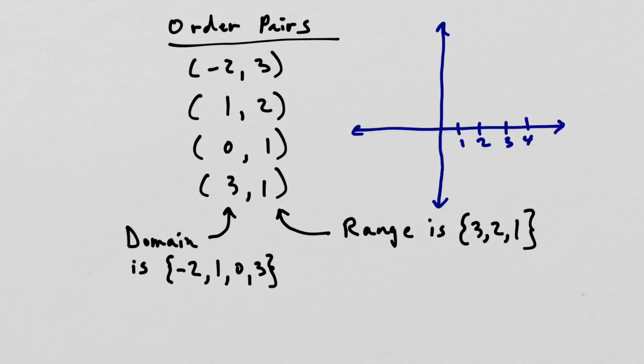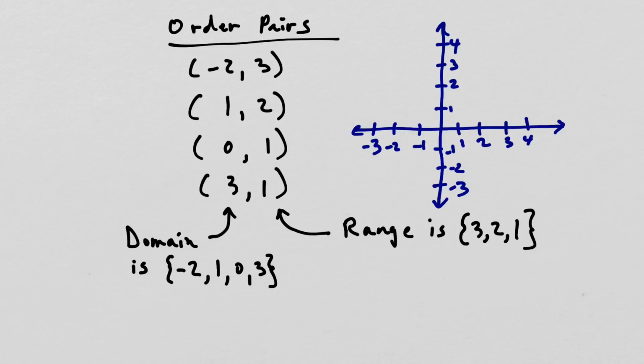We'll label it as such. 1, 2, 3, 4. Same for the other side. These are negatives. -1, -2, -3.